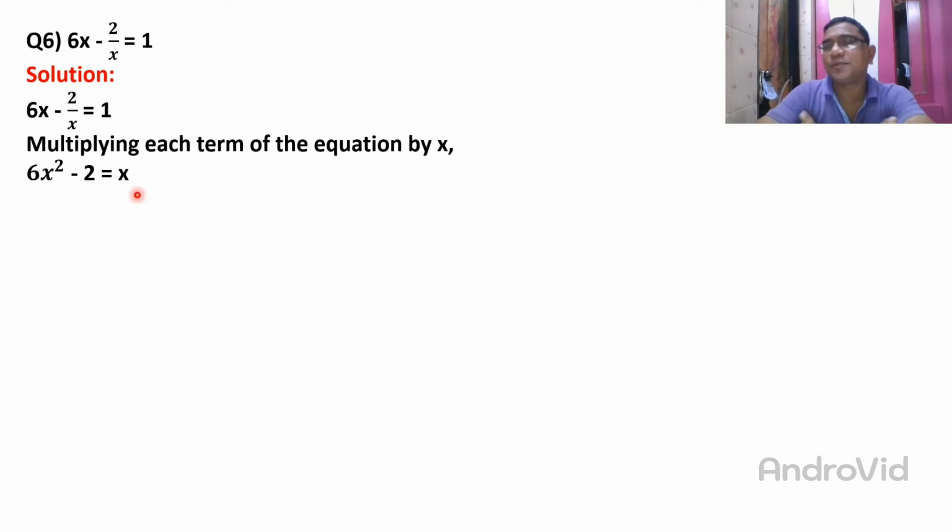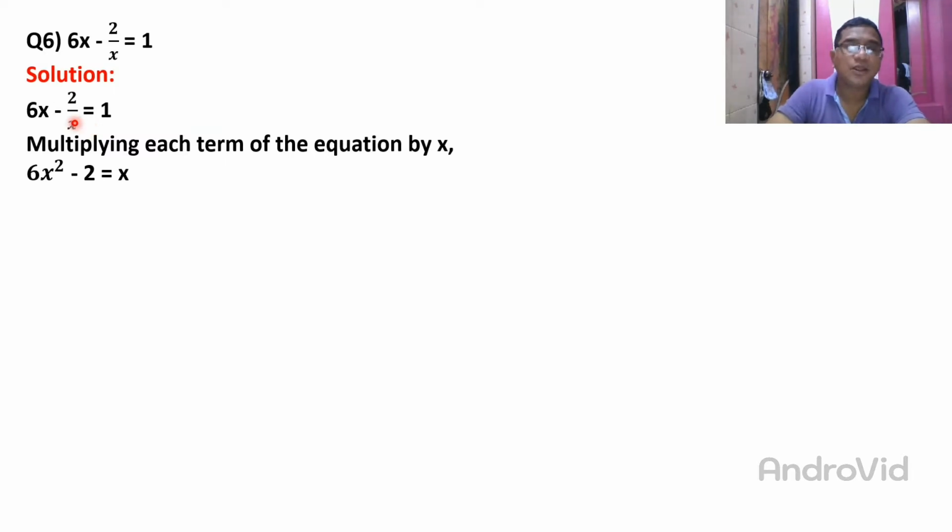I again explain this because some of the students don't understand. See here, 6x minus 2 upon x is equal to 1. What is the denominator? X is the denominator, so that x is dividing the 2. When that x goes across, it is multiplied to each term.